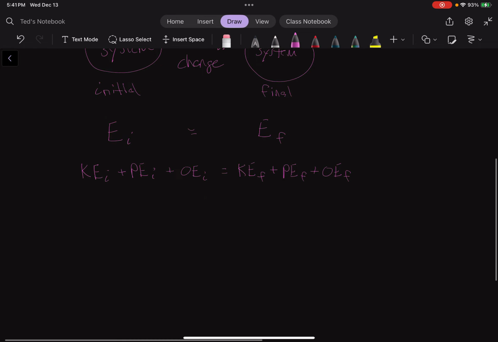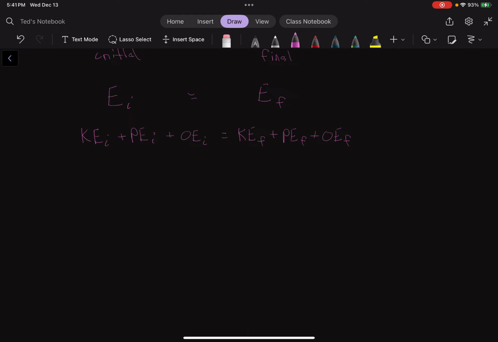And in Physics 1, in our textbook, which is the OpenStax textbook, this is often written as KE initial plus potential energy initial is equal to KE final plus potential energy final plus the change in other kinds of energy.